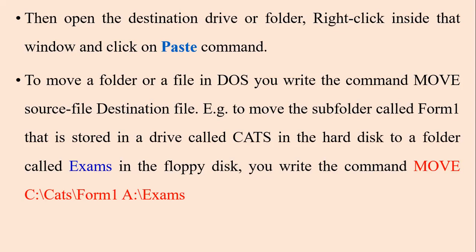So move what? Move space C:\cards\form1 space A:\exams. This simply means that you are moving the folder called form1 that is stored in a directory called cards in a hard disk to a folder called exams that is found in the floppy disk.